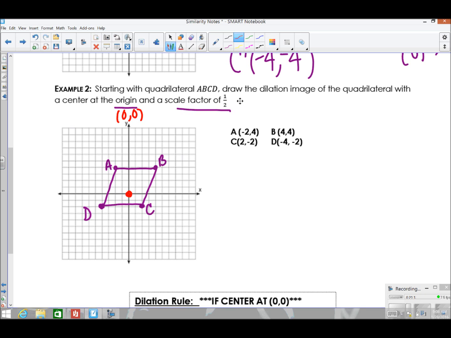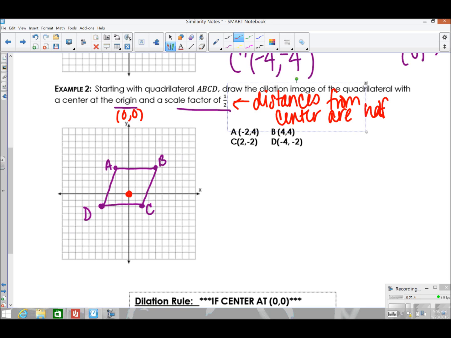And the scale factor of 1/2 means that the distances from the center are half as much. So basically we're going to divide by 2.